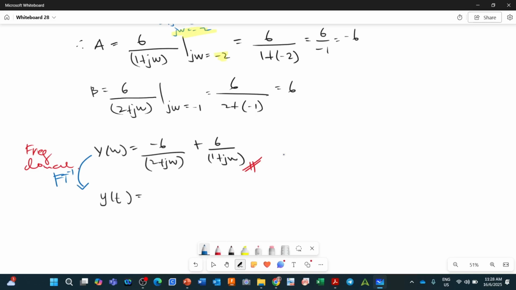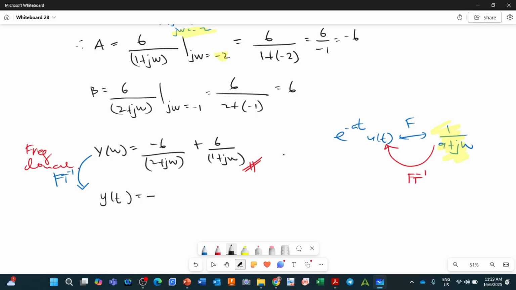The equation is given by e to the minus a t u(t), which corresponds to 1 over a plus j omega. Because we want to do a conversion to the time domain, this is what we are looking at.